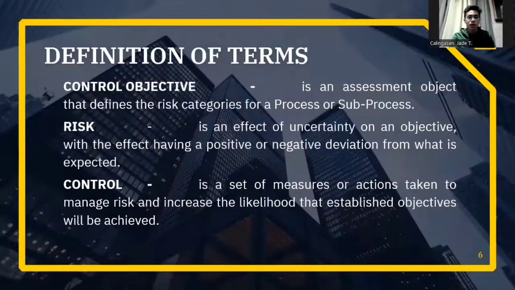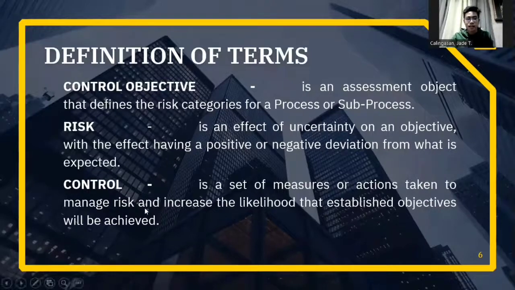Next is the control objective. It is an assessment object that defines the risk categories for a process or sub-process. So ano nga ba yung risk? Yung risk naman is an effect of uncertainty on an objective, with the effect having a positive or negative deviation from what is expected.